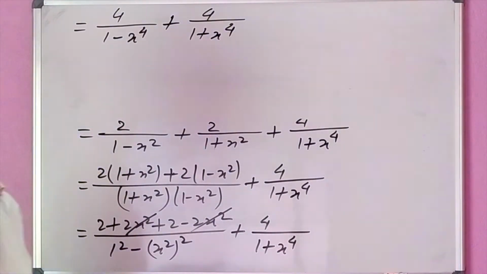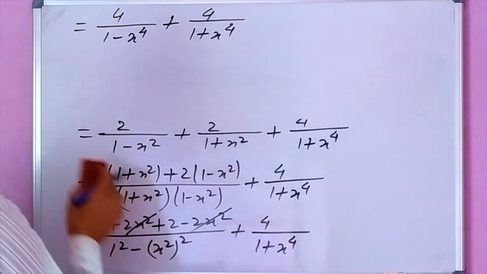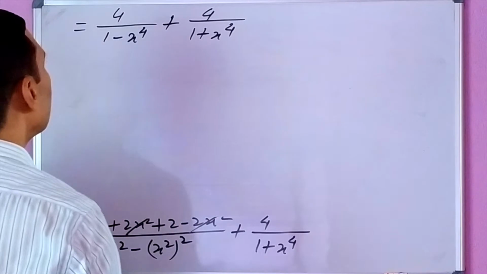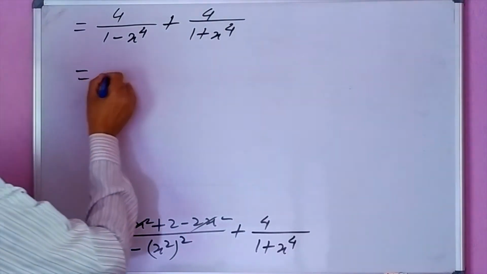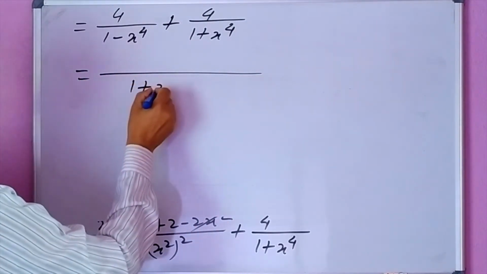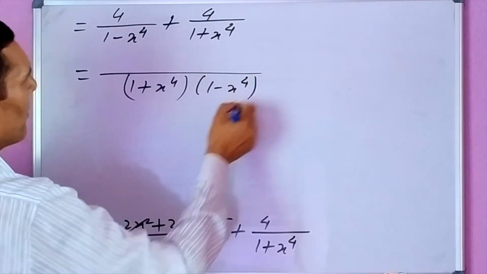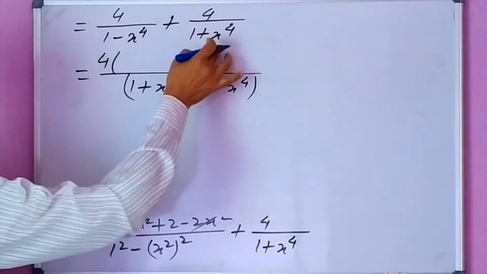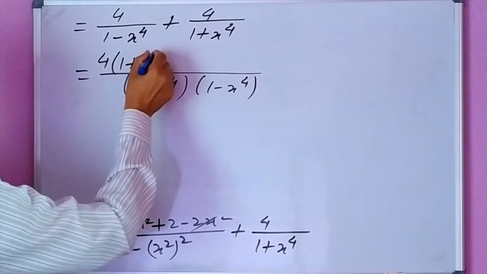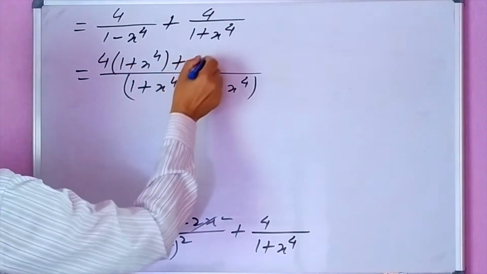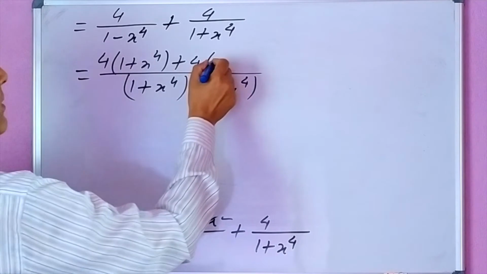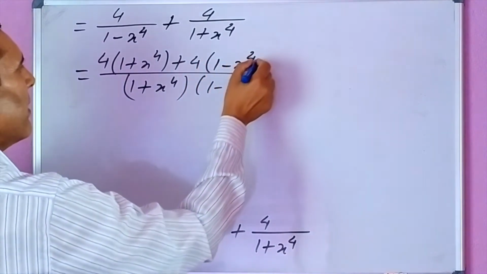Now we take the final LCM from the remaining two terms. What is the LCM? 1 plus x power 4 times 1 minus x power 4. So 4 times 1 plus x power 4, plus 4 times 1 minus x power 4.